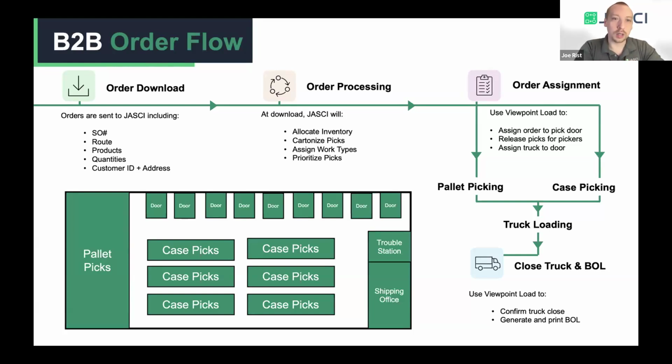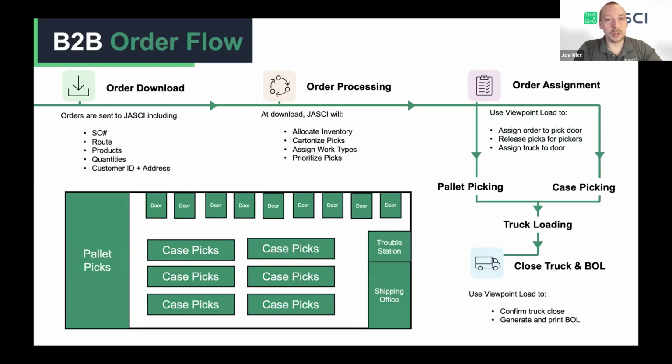JASCI can take that as well. Obviously, you're going to have your products and their quantities on the order. And then that order will also need a customer ID and the shipping address, which we'll store within JASCI as well. So you send over the orders, whether through integration, by creating the order, or by uploading a file. Typically, it's going to be communicated with APIs if you've set up integrations.